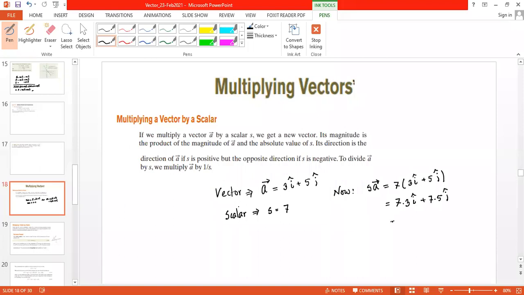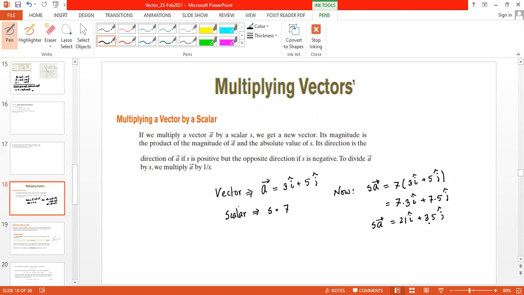So this is basically 21i plus 35j. Very easy. In case of multiplication of a vector by a scalar quantity, there is no special rule here, just simple multiplication.